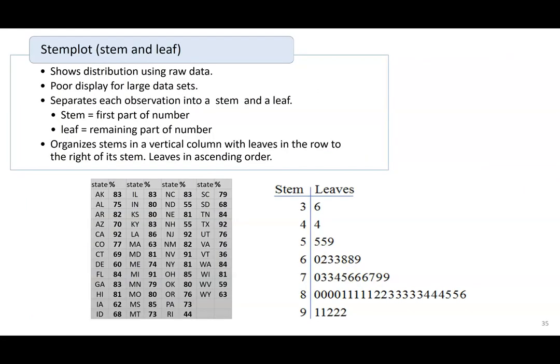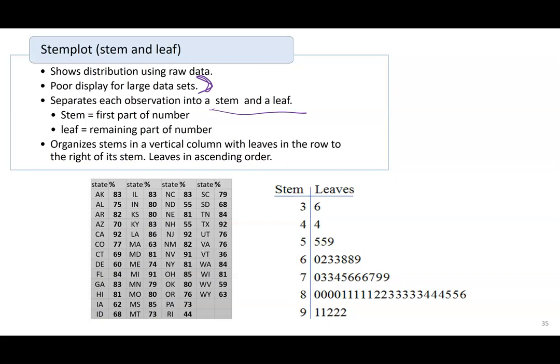So a stem plot. So looking here, it shows the distribution using raw data. I wouldn't recommend using it for a very large data set. It's kind of tedious. If you have a large data set, people tend to prefer histograms and box plots. So it separates each observation into a stem and a leaf.